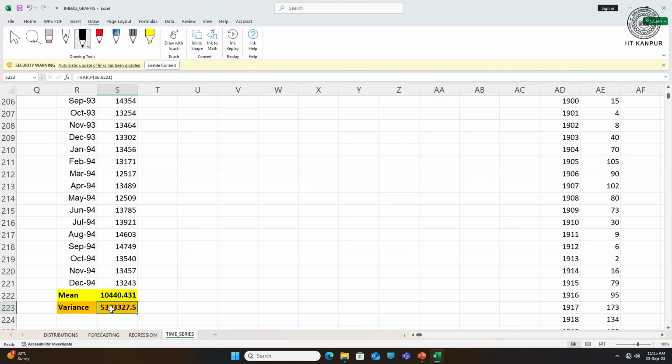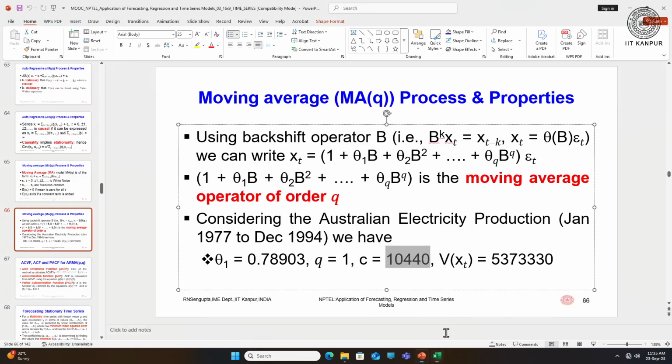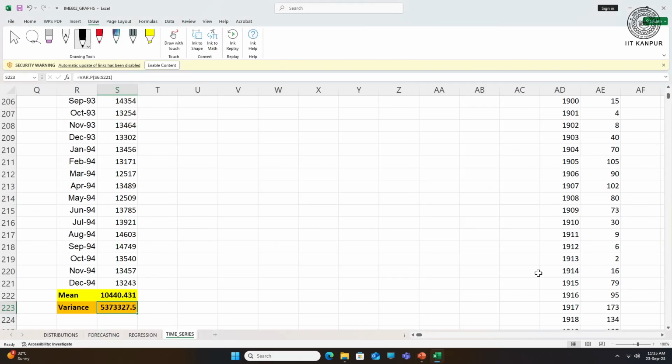The variance is 5373327, and again 5373327. If I do it more carefully, the variance and the C values are the same. So, the concept of moving average, which we considered for Q equal to 1, and the simple average which I showed using the Excel sheet are matching.